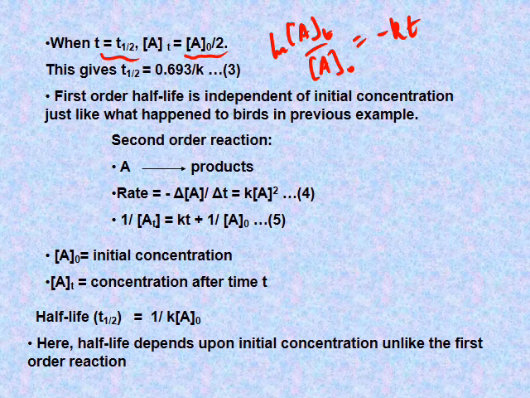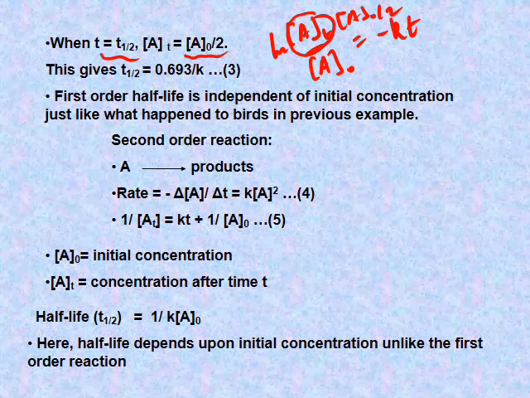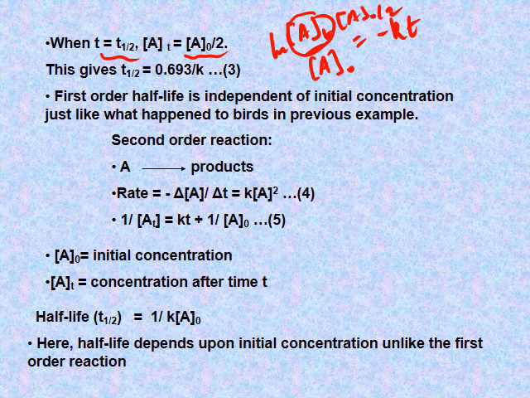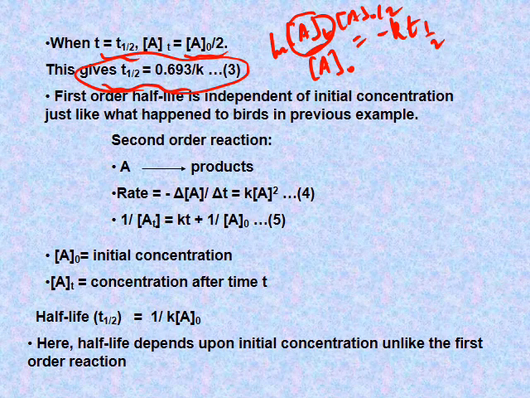I already defined that because this is the time when concentration is reduced to 1/2 of its original value. So by substituting AT by A0 over 2 and then getting log of 1/2 equals minus KT, you end up with this. Of course, T is T half because that's the time, half-life. That's how we label that time. So you get 0.693 over K. That's the half-life for a first order reaction.